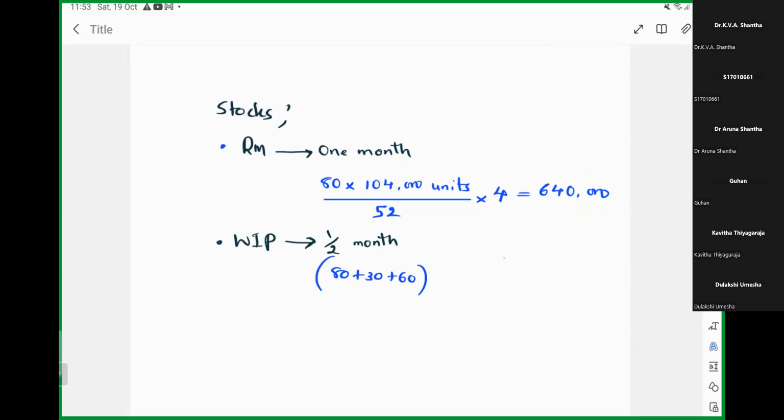This is the production cost per unit into the number of units. So this is divided by 52 weeks for a year, multiplied by half month, which means 2 weeks. So work in progress stock is $680,000.